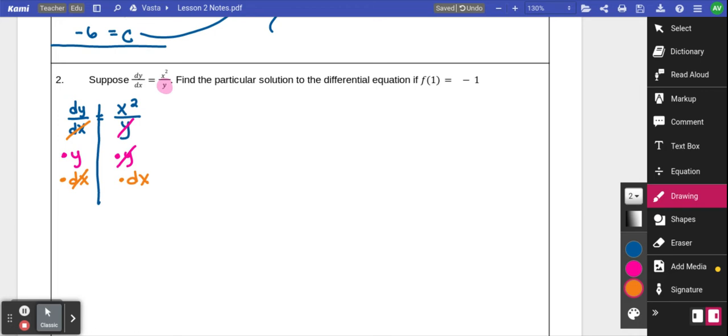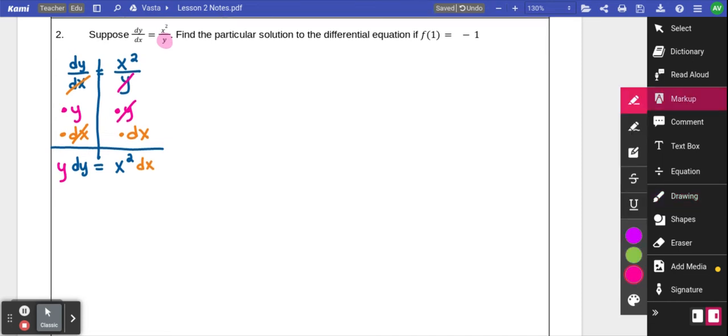So what I have now on the left-hand side is the y that I just multiplied by, and the dy that was already there. And on the right-hand side, I have the x squared that was already there, and then the dx that I just multiplied by.